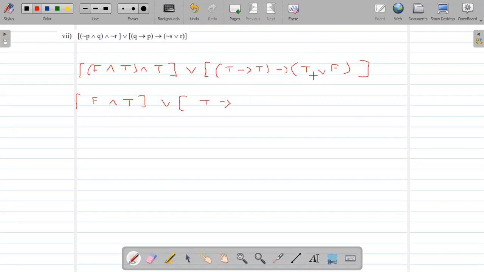True. What happens if any one is false in the case of conjunction? False. What happens here in implies? True. What happens in the case of disjunction? If any one is true, then it will always be true. Got the concept? How to solve it? Everybody?